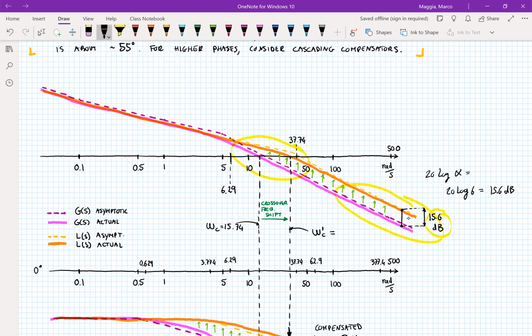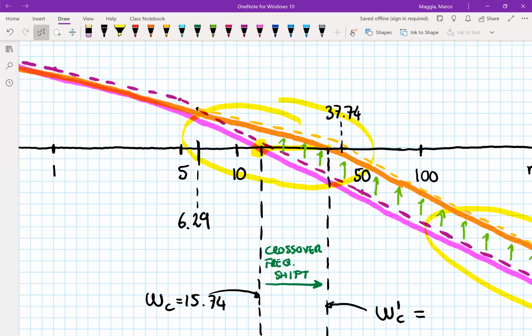So at high frequencies, our gain has been raised by 15.6. However, our gain is also raised at our old crossover frequency, so that our new crossover frequency has shifted to the right.